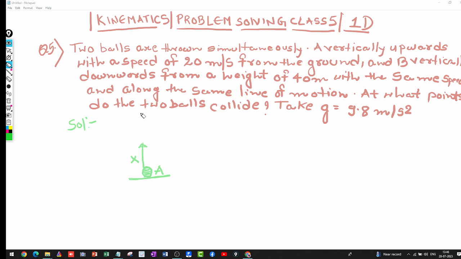Similarly, one ball is at B. This is B, which is thrown vertically downward.